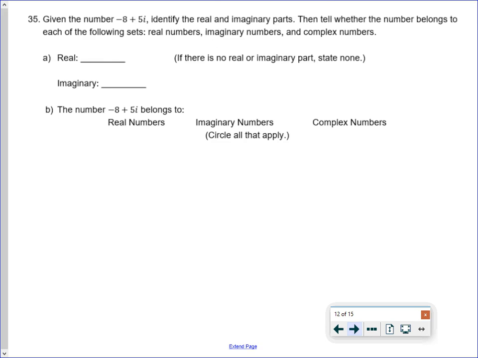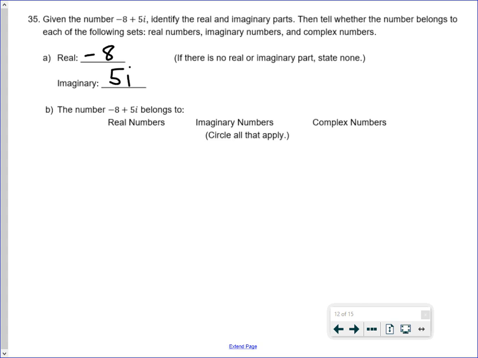35, we're given the number -8 plus 5i. We need to identify the real and imaginary parts, and then tell whether the number belongs to each of the following sets: real numbers, imaginary numbers, and complex numbers. So the real part in this problem is -8, and the imaginary part is 5i. So the number -8 plus 5i belongs to which of these?